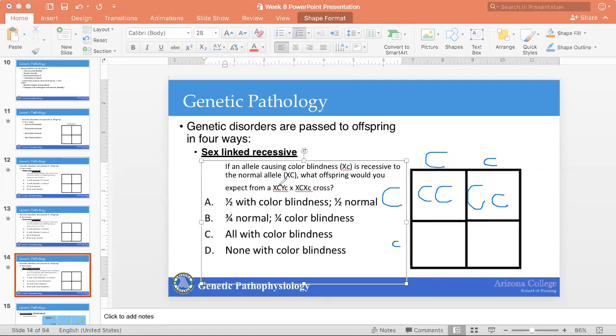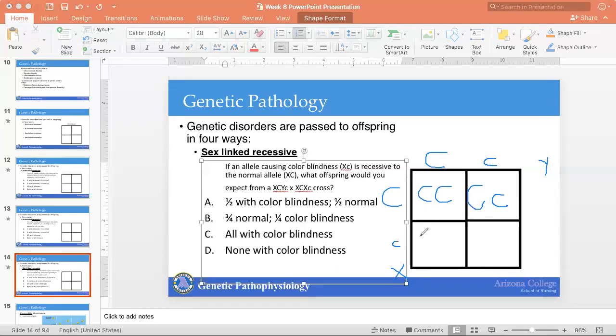So if we were to distinguish, let's say this top one that we're showing across here, this first one is the male, and this bottom one is the female. So in this case, this person would be a male who was not colorblind, but did carry the colorblind gene.